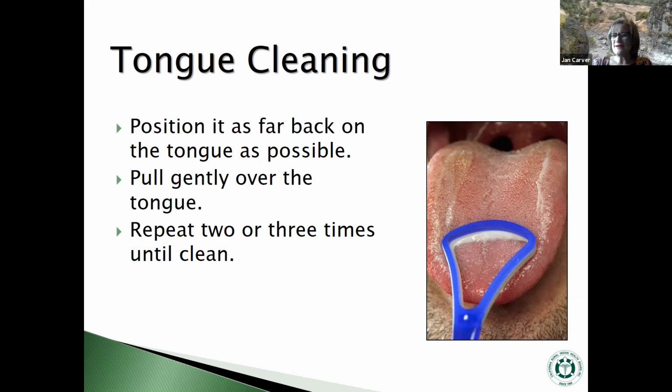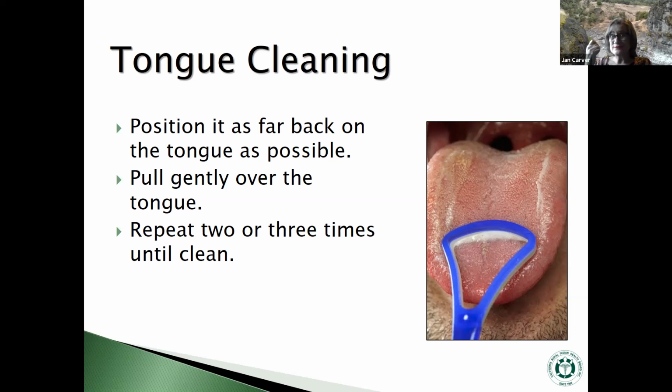Now these come in various types, but they're all some version of this. You can get these at the dollar store. I did, and it came with a tongue cleaner, a harder toothbrush, which I use to clean my sink, and a toothpaste, all for $1. I bought it just to have the tongue cleaner. So you basically just put it on the back of your tongue.